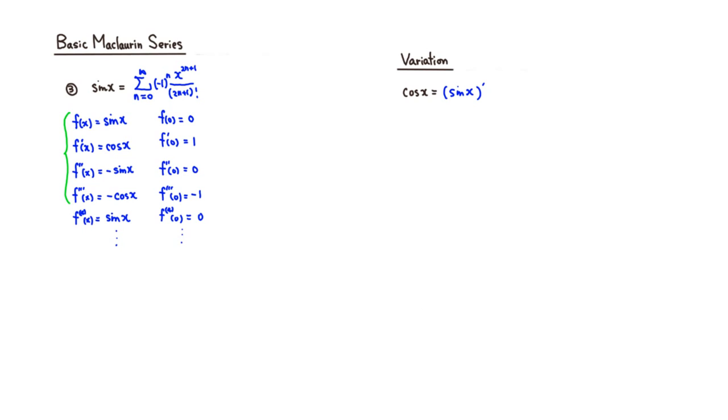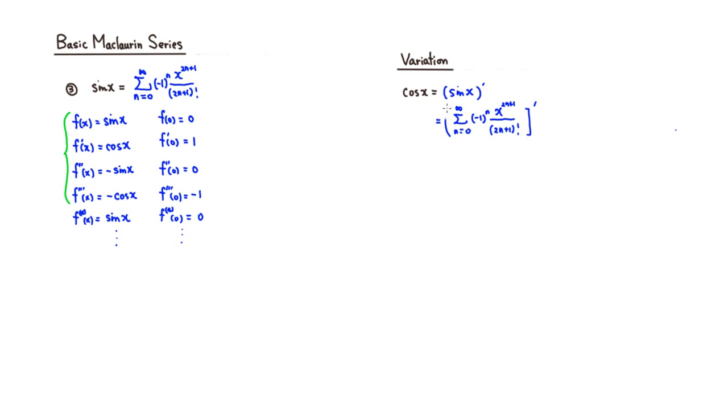So what we can do is take the derivative of the Maclaurin series, which is the summation, n goes from 0 to infinity, of negative 1 to the n, x to the 2n plus 1 divided by 2n plus 1 factorial. Then we just take the derivative of this.